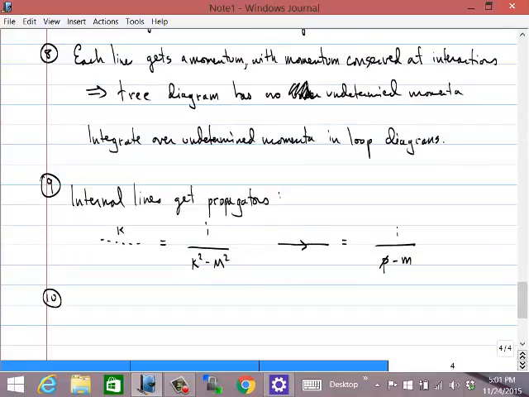And finally, we need to remember that fermion indices, spinor indices, contract along lines of charge flow.